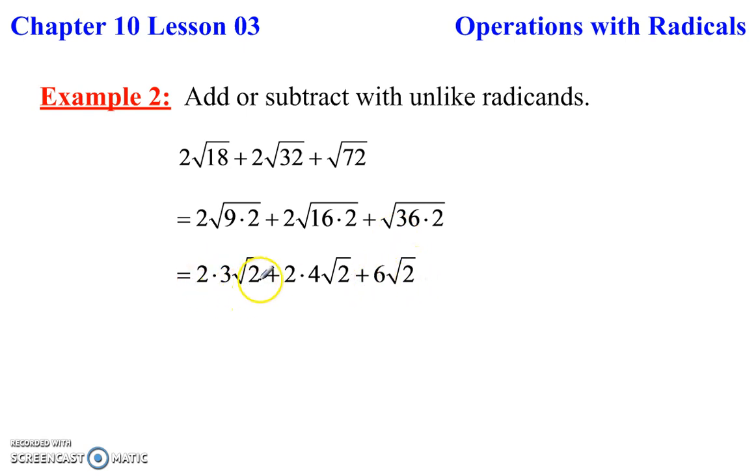So now we have 2 times 3 radical 2, 2 times 4 radical 2, and 6 radical 2. Simplify this expression. Now they all have the same radical, and so I can combine them. Gives me 20 of those radical 2's. Remember, radical 2 is an irrational number. It never ends. It is a never-ending decimal, not a repeating decimal.